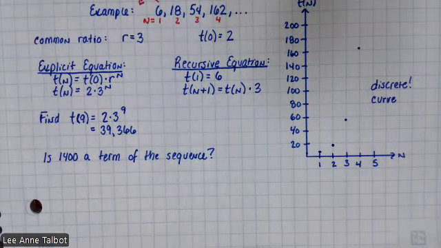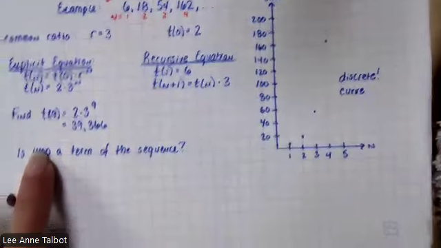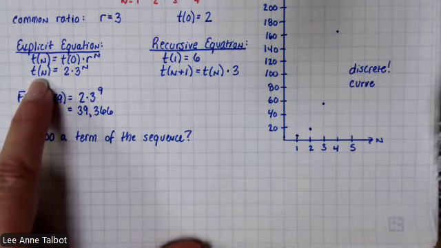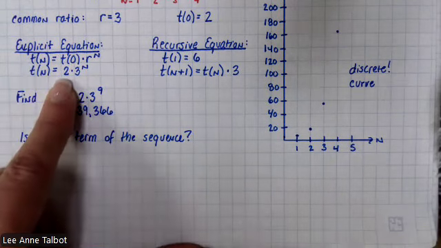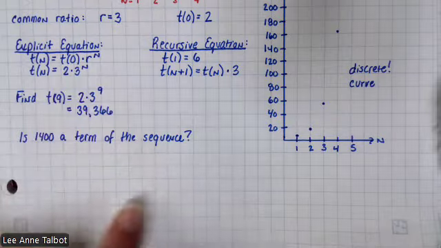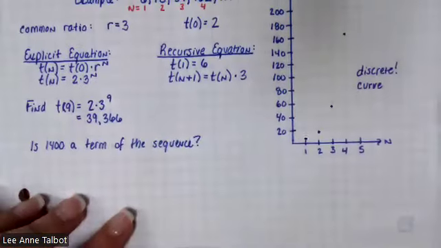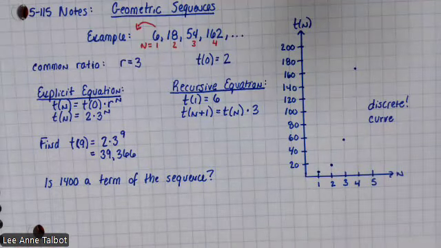So you remember how when we did this with the arithmetic sequence, I took the number and plugged it in the T of n spot. You guys don't know how to solve that. As a matter of fact, we're doing that in Math 3 right now. If I ask you if something is a term of a sequence in a geometric sequence, you just have to keep multiplying.